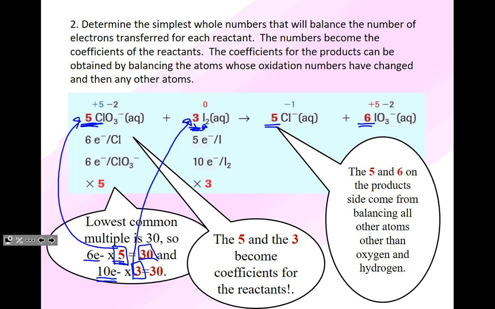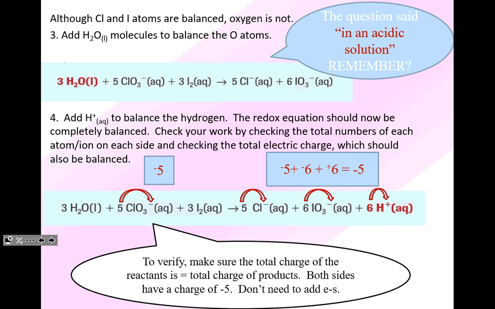So now we have to continue, and this is something that you've done already, so it's no big deal. Although chlorine and iodine atoms are balanced, oxygen is not. Remember, we have to add water molecules to balance the oxygen atoms. Remember, it's in acidic conditions. Acidic conditions means we have to use water and we have to use hydrogen in order to balance.